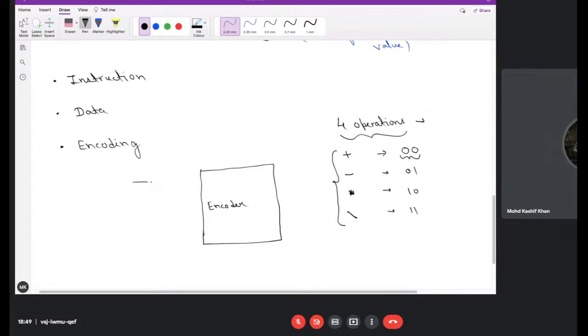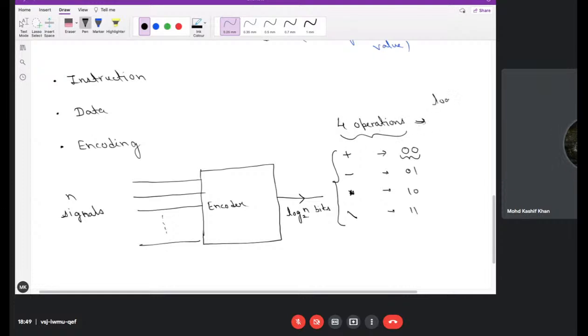So similarly, suppose there are n type of signals. When they are given to this encoder, then each signal, the encoder will encode into log n base 2 bits. For example, here there were 4 operations.